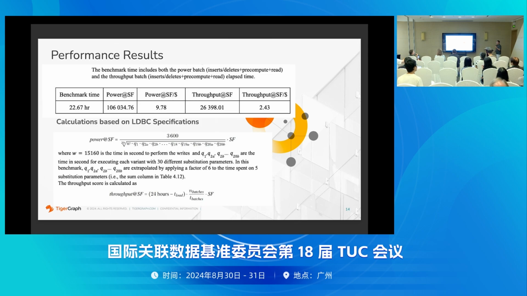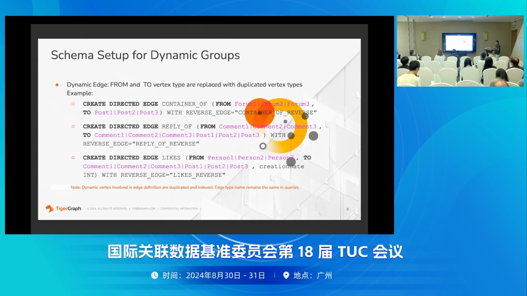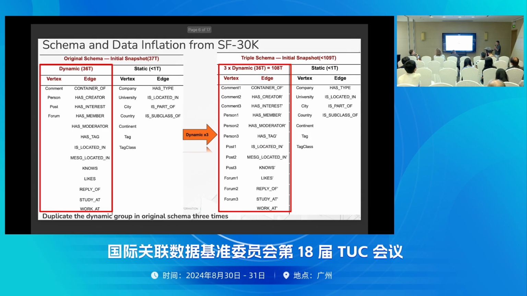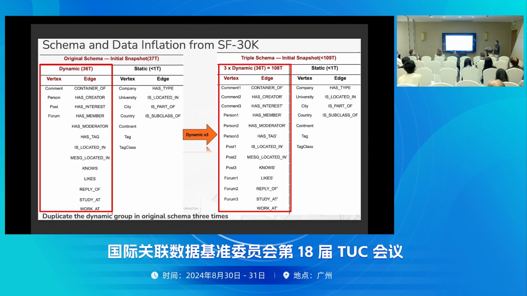So by the way, the whole exercise of this kind of triplication of the data is not an official way of doing this, I suppose. Is this a limitation of the data generator? Yeah, at the point we tried, about 1 year ago, the data generator could only support up to scale factor 30K.